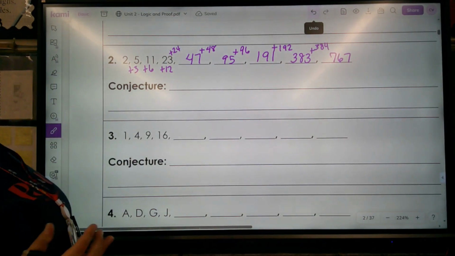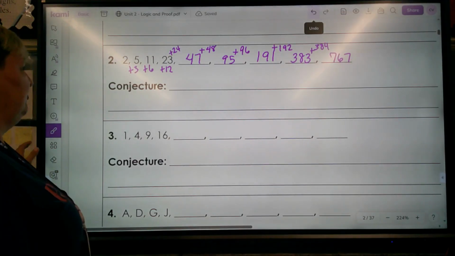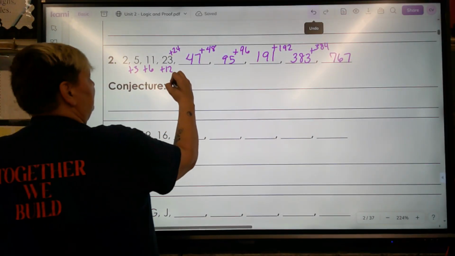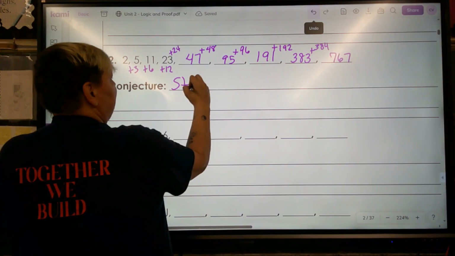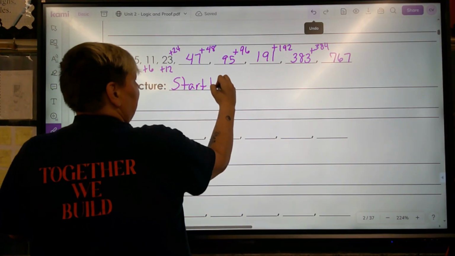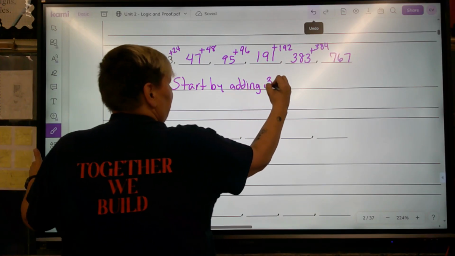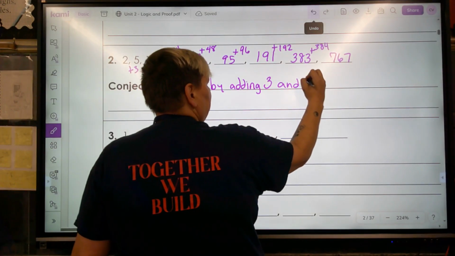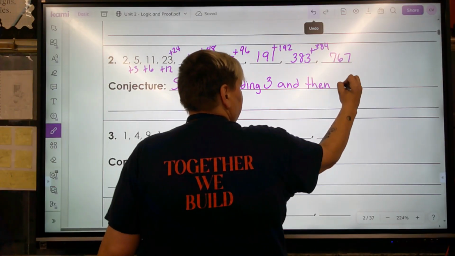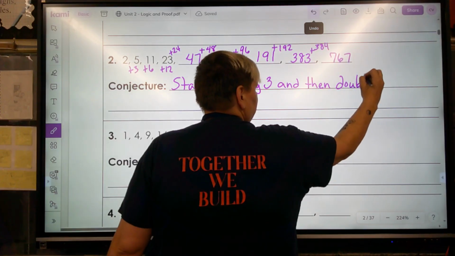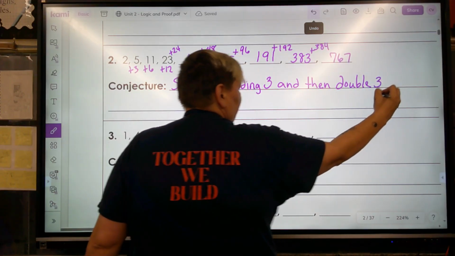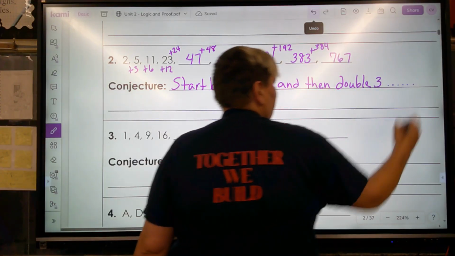So let's write both, right? So for the doubling, we said we start with 3, start by adding 3. And then double. Repeatedly, right?